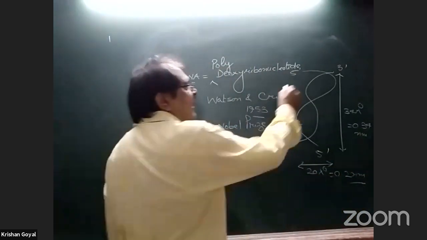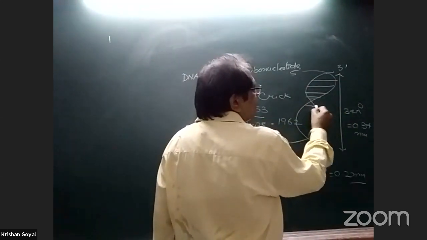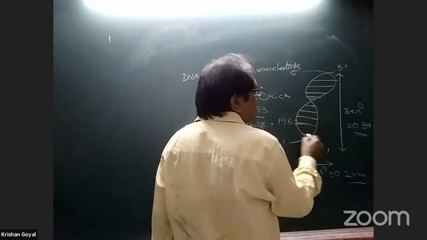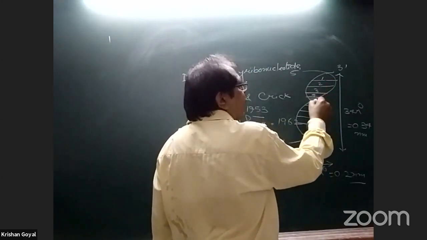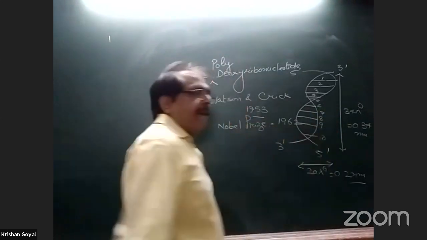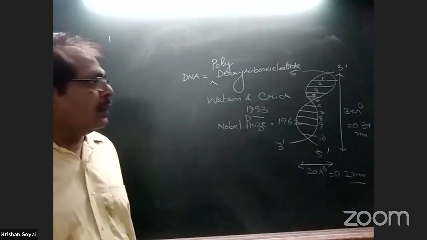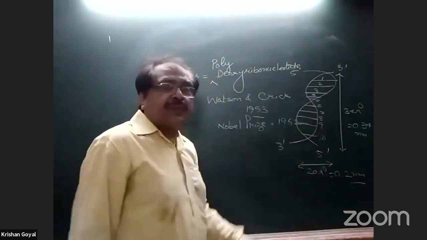There are 10 bases present in one helix. 1, 2, 3, 4, 5, 6, 7, 8, 9, 10. Because the total length is 34, there are 10 base pairs.